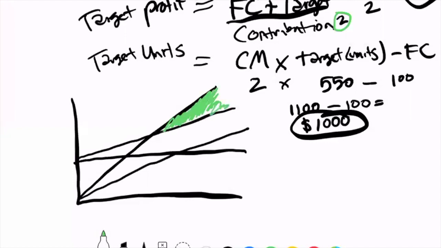It's the money or units you can afford to lose before you go in the red. So this way, this right here ends up being your margin of safety. Your margin of safety in terms of sales equals your revenue minus your break even in sales.